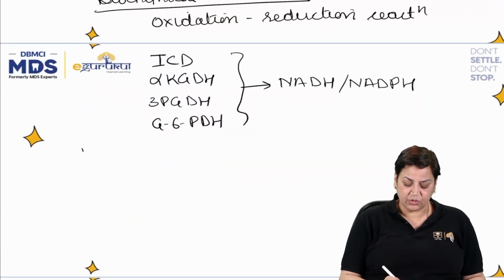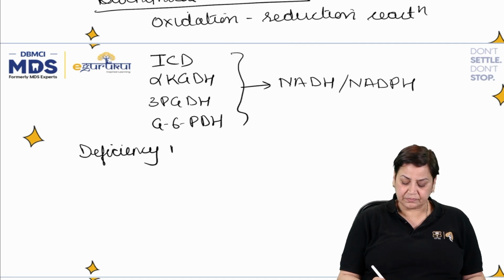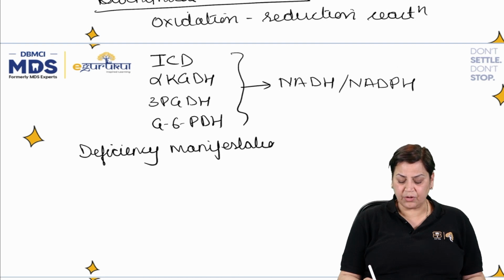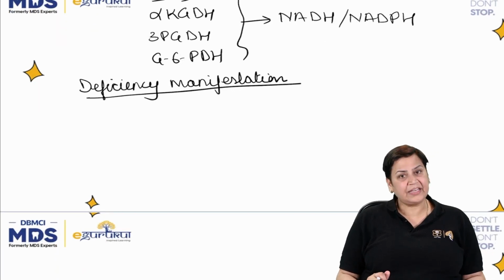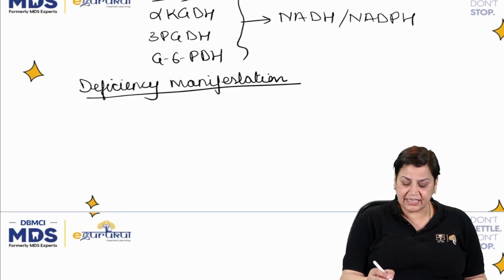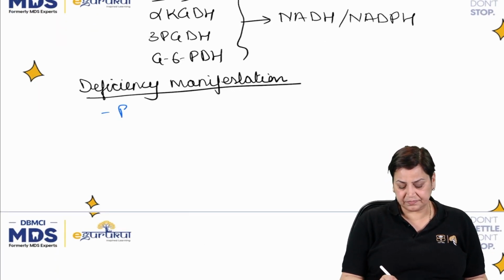Then we come over to the deficiency manifestations. The most important disease caused by defective synthesis of niacin is pellagra. Very, very important.